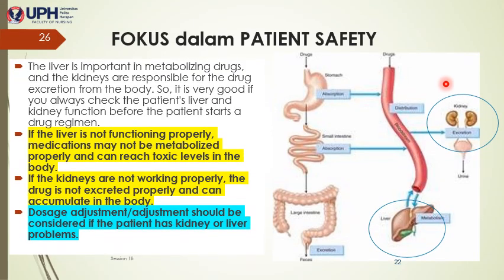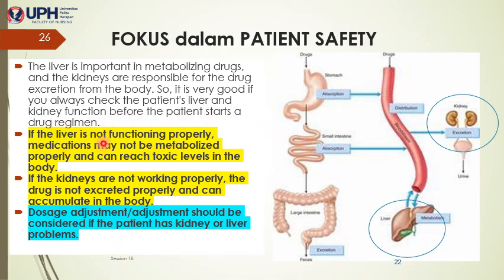Next, we need to focus on patient safety. The liver is important in metabolizing drugs, and the kidneys are responsible for the drug's excretion from the body. So it is very good if we, as nurses, always check the patient's liver and kidney function before we start a drug regimen.